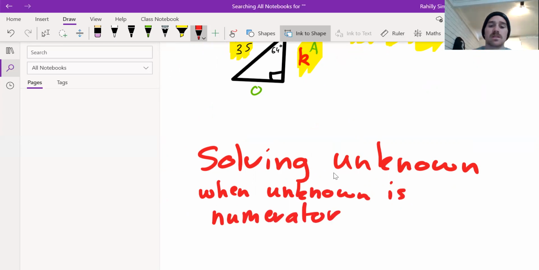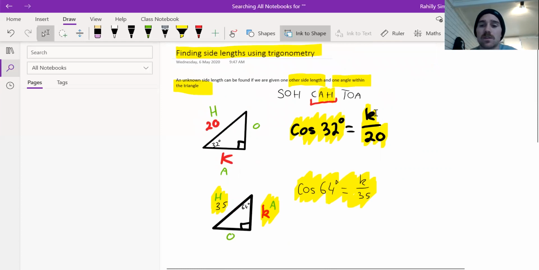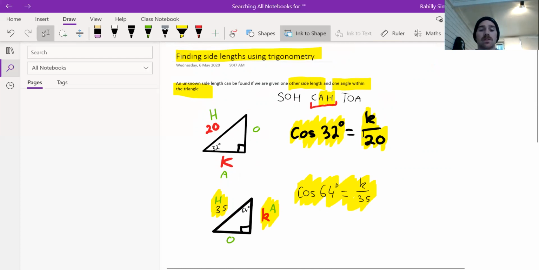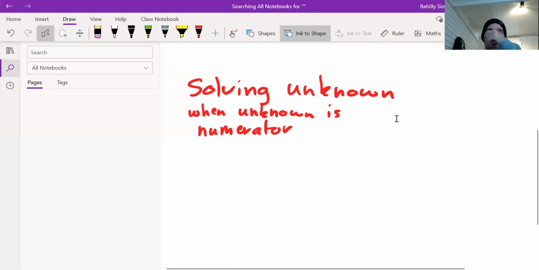Now that just means solving unknown when it is a numerator is when our unknown, like we've done in our examples, is on the top. So it's k over something or x over something or whatever the unknown is over a value. Okay, solving unknown when the unknown is a numerator.